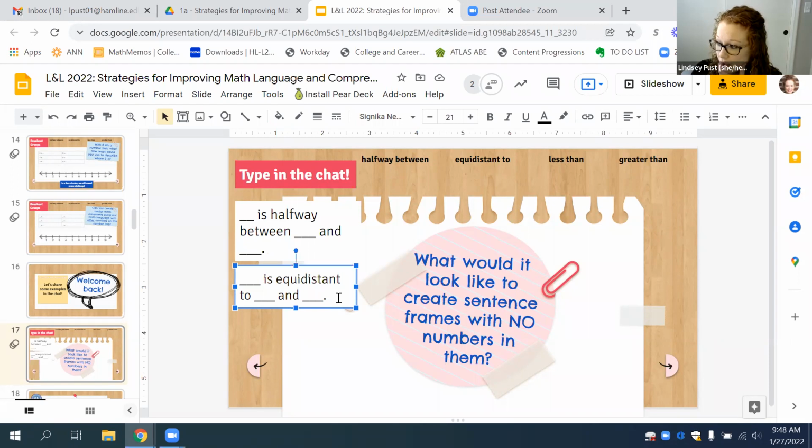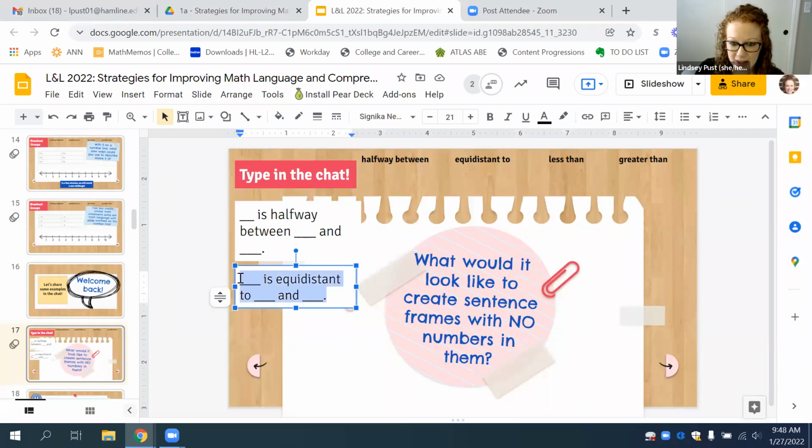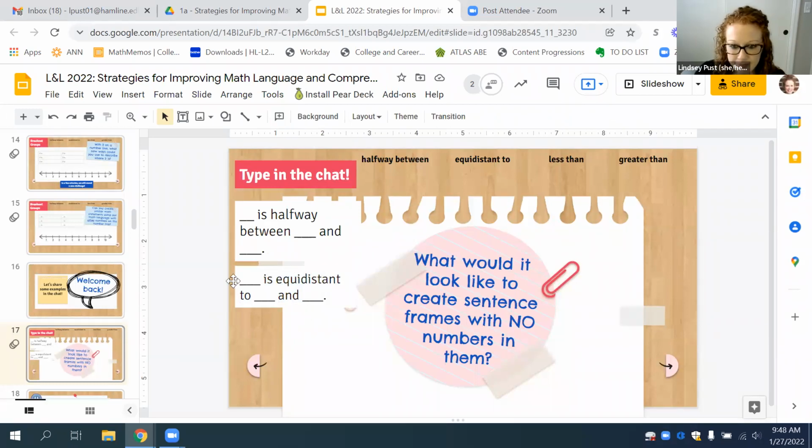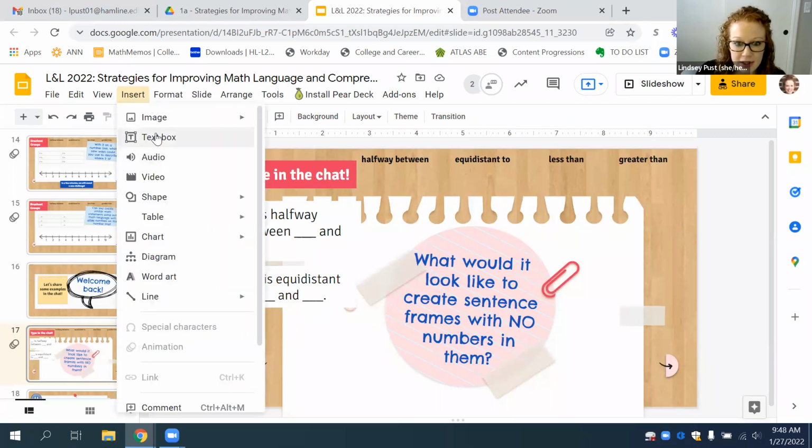Oh, okay. We have a couple different answers. Blank is blank less than something, right? So I can then decide how much less it is than another number. And Linda, yes, you have the right idea. We could even take the 2 out to make it even more general. All right.